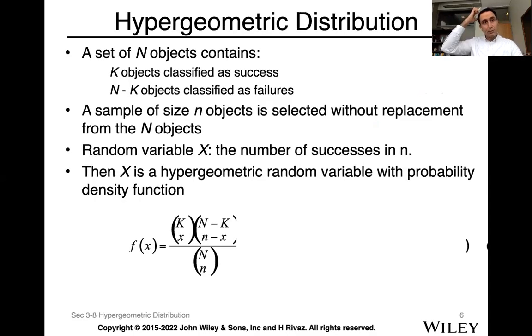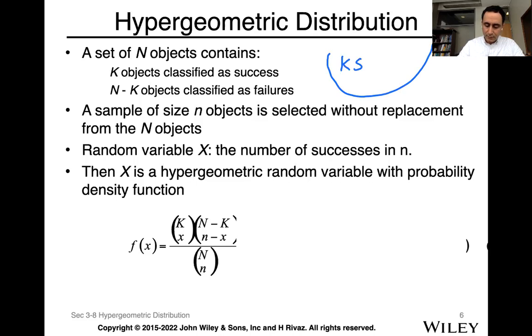So the last distribution before we talk about Poisson distribution is the hypergeometric distribution. This one is, in my opinion, one of the easiest ones. You don't really need the equation. It's so simple. You have like a bowl, right? And inside the bowl, you have K objects that are called success.